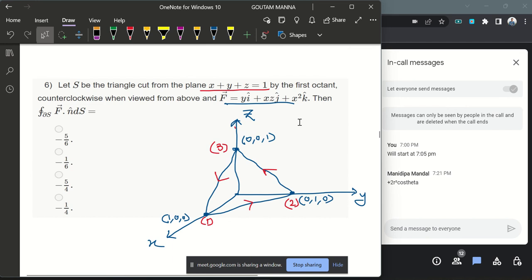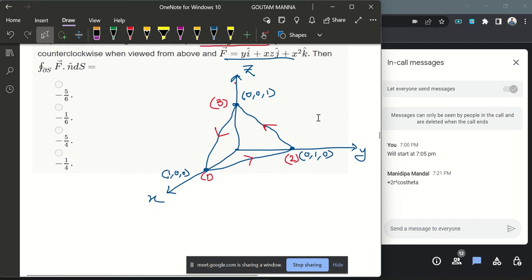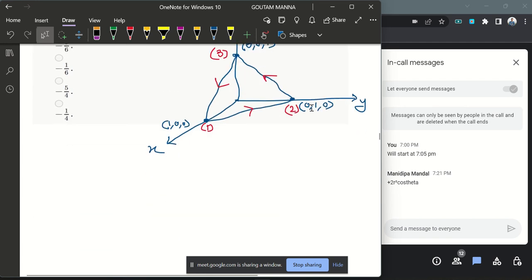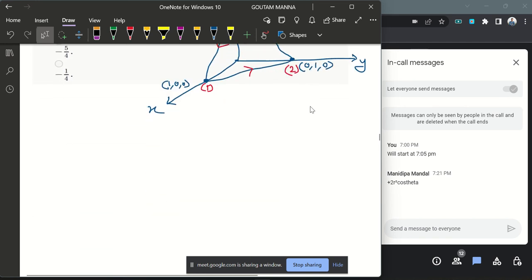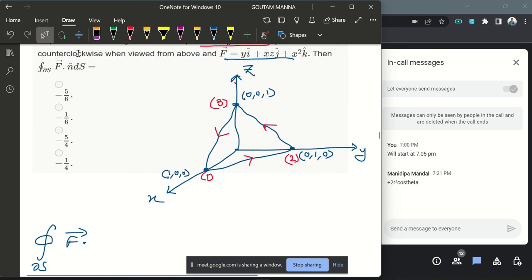So for the path 1 to 2, if we want to calculate the line integral over the entire path, F dot n hat ds, here n hat is the direction of this line, so this is the n hat.